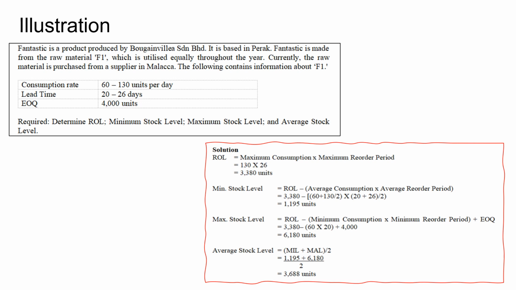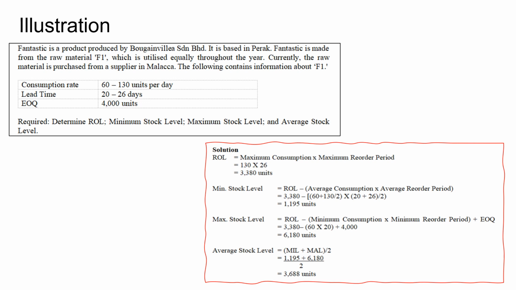So you are required to determine the reorder level. Reorder level represents the quantity at which an order needs to be made to replace the stock. Then the minimum stock level, maximum stock level, and the average stock level. We will start with the ROL first, because the reorder level will be used in the calculation for minimum and maximum.